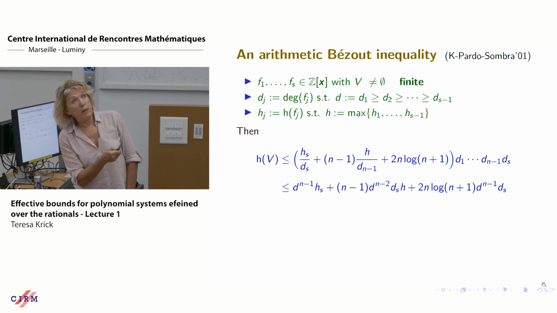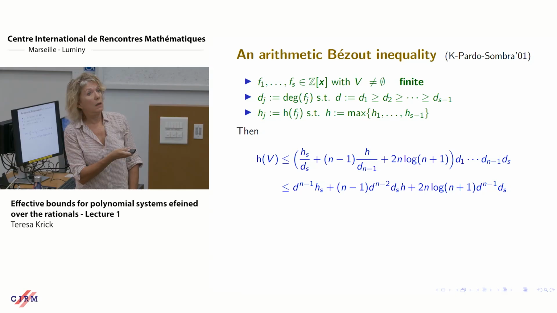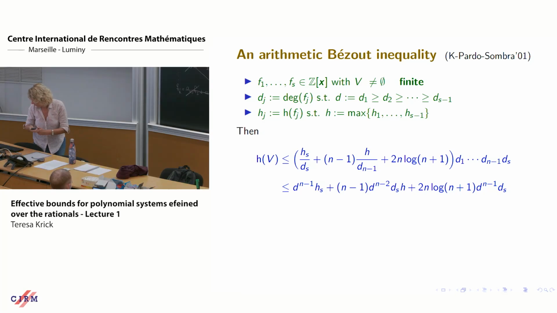And remember that this was an upper bound for the behavior of all the roots in my variety. It was the sum of the logs of all the roots. So I recall it here.